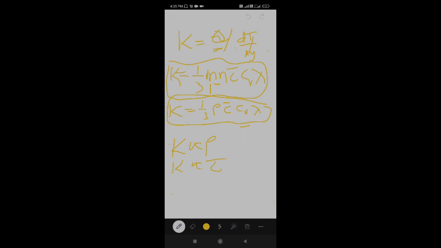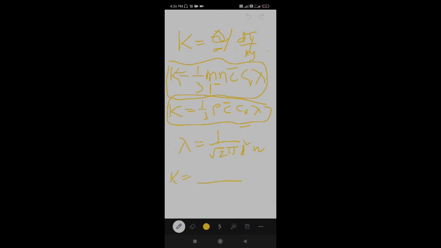If you substitute for lambda, then what happens? You just try to find the final expression. You substitute lambda is equal to 1 by root 2 pi d square, and then what happens to your K?